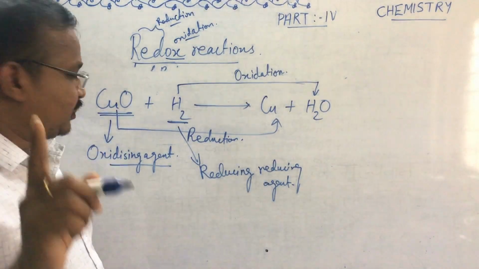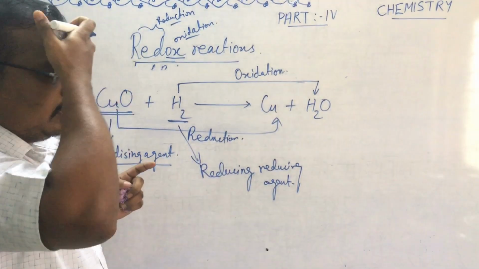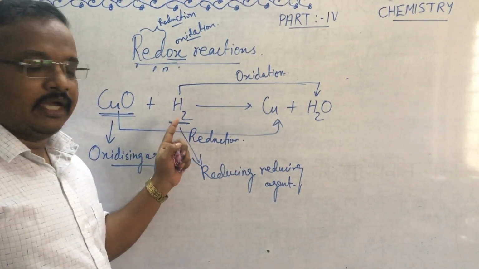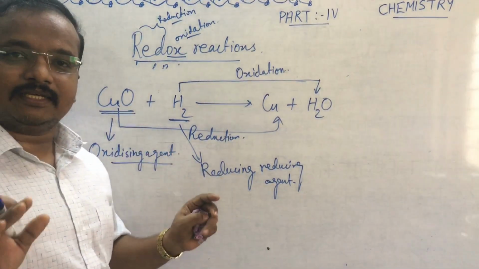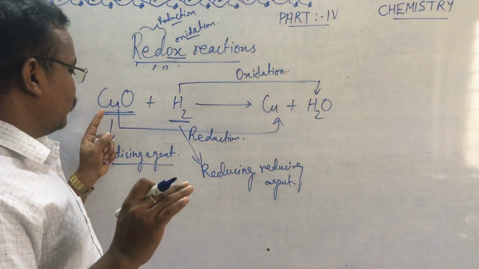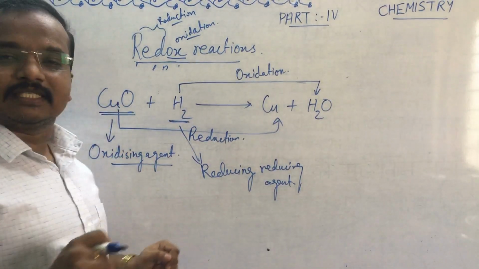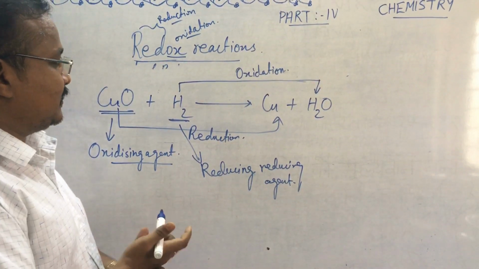The species which brings about oxidation is called oxidizing agent, and the species which brings about reduction is called reducing agent. Actual case, the species which is undergoing reduction, that particular species only we call oxidizing agent also. So don't confuse in this case.